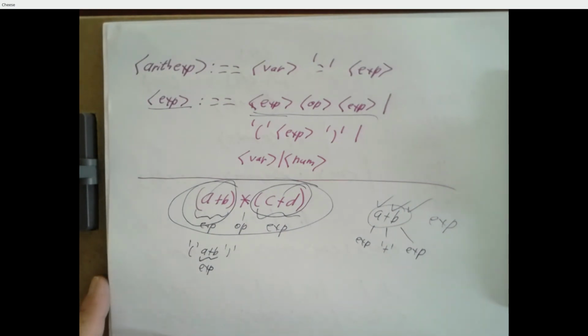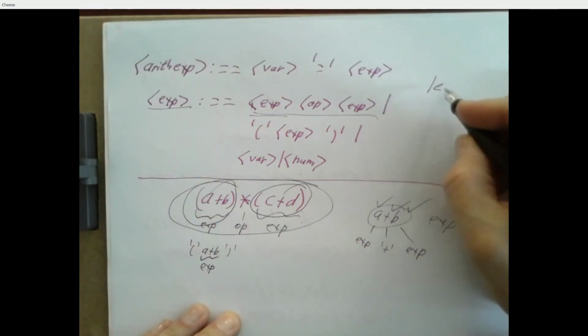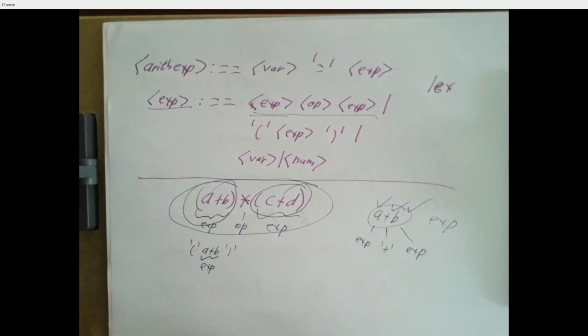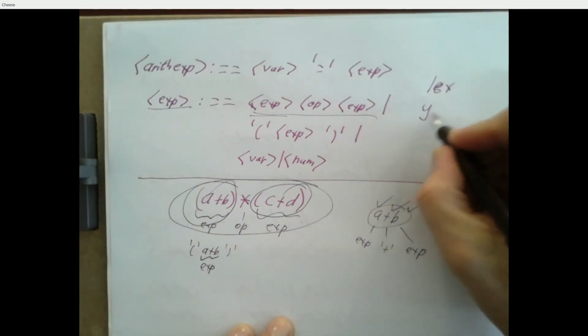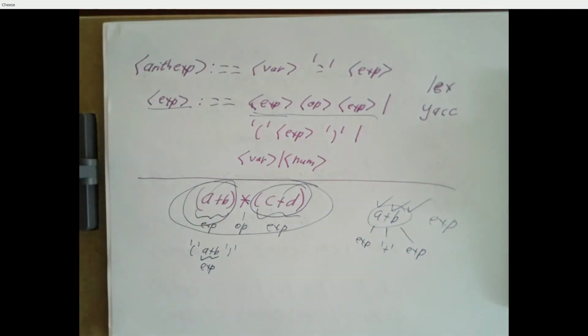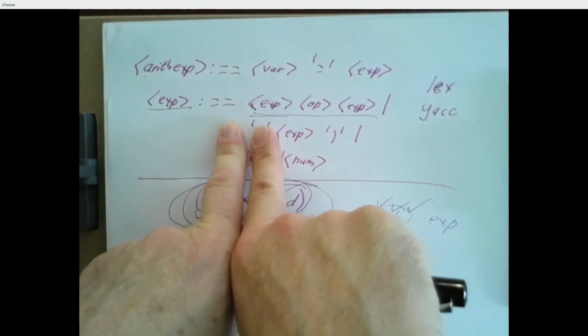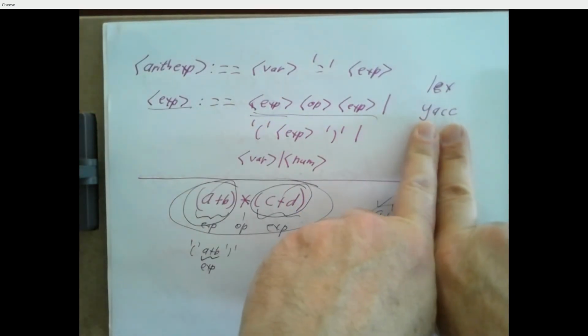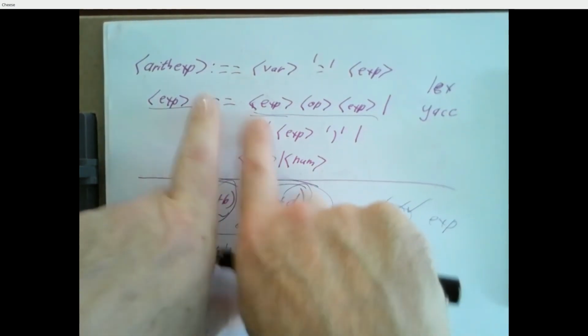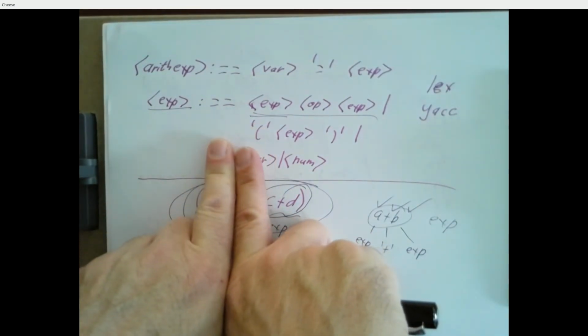But there's all sorts of tools in Linux for doing this. So there's something called Lex. That's a lexical analyzer. And there's something called Yacc. Yacc stands for Yet Another Compiler Compiler. So it's a tool for compiling compilers. Right, so you make a definition of what you want your compiler to do in terms of something like this, and you run it through Yacc, and it produces C code that basically parses and compiles according to your language definition.